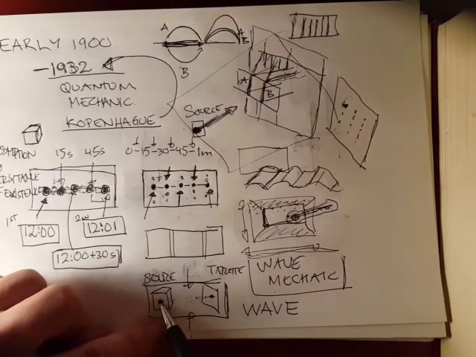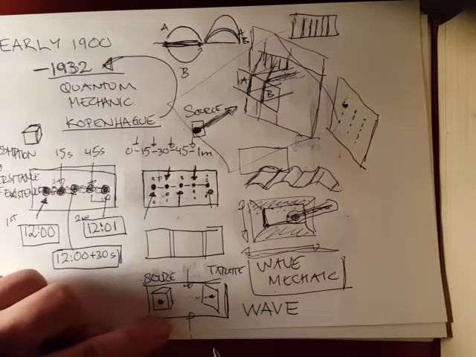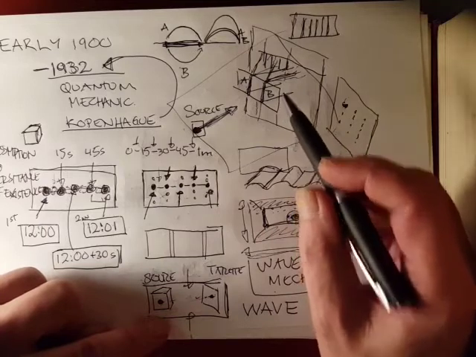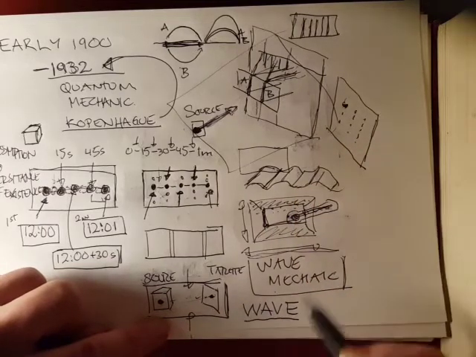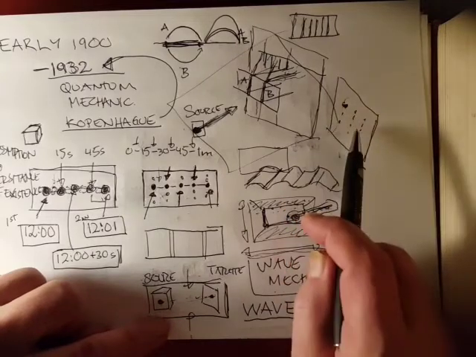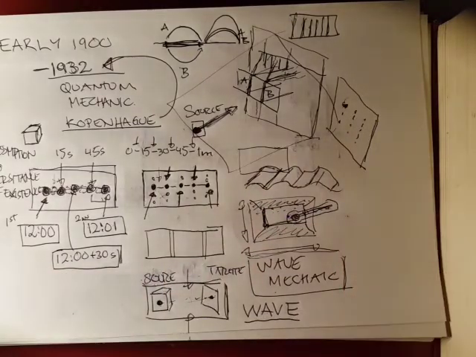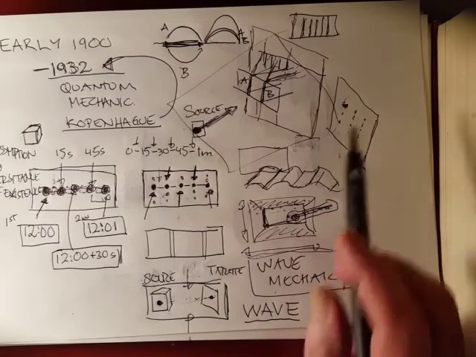We observe a particle sent, we observe a particle at the source, and we observe a particle at the target. And in between we describe it as a wave, but we haven't seen any wave. The only reason it's described as a wave is because it looks like a wave in the pattern that emerges after sending many particles. So it's a convenient way to describe the experiment.